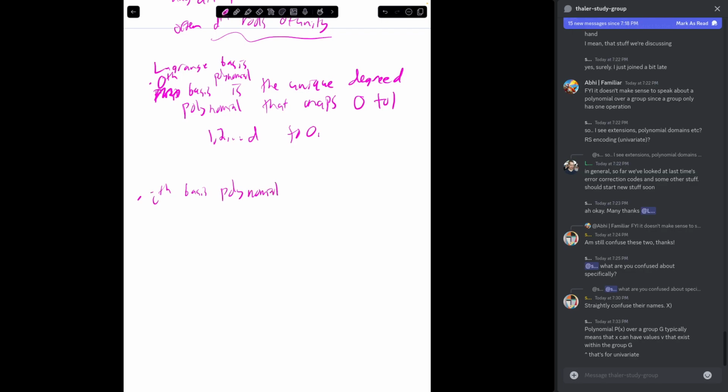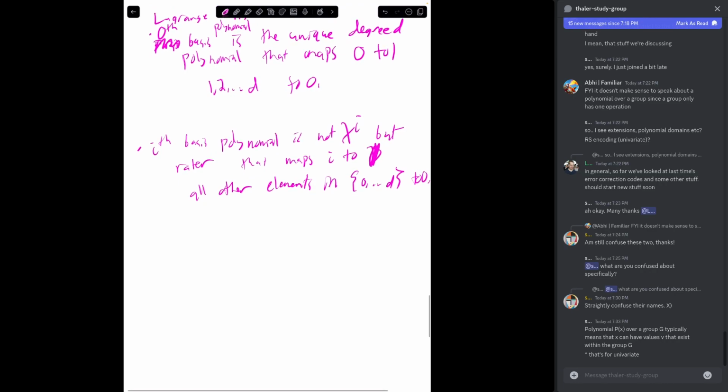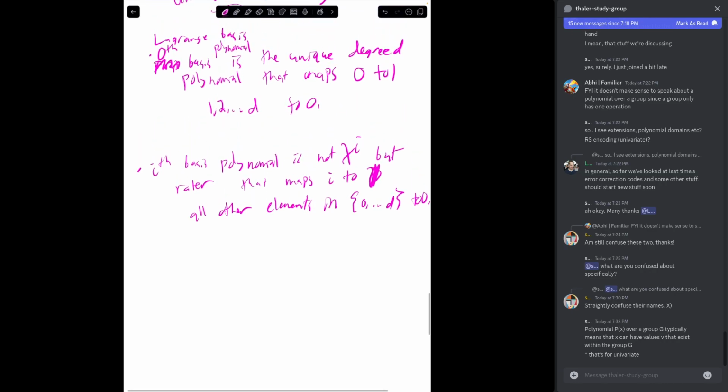In the standard monomial basis, the ith basis element would be x to the I. But instead, now we're going to use the unique degree D polynomial that maps I to 1 and all other elements in the interpolating set, so all other inputs in 0 up to D, to 0. Let me give you an explicit expression for the 0th Lagrange basis polynomial.